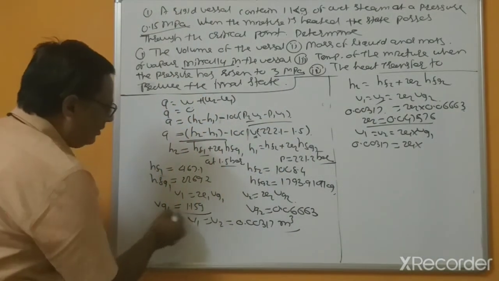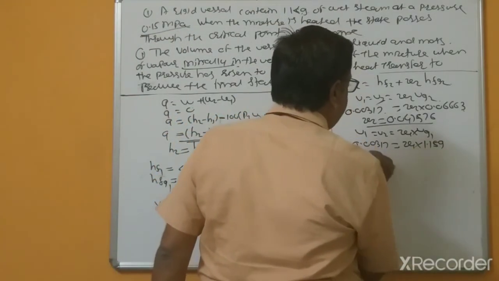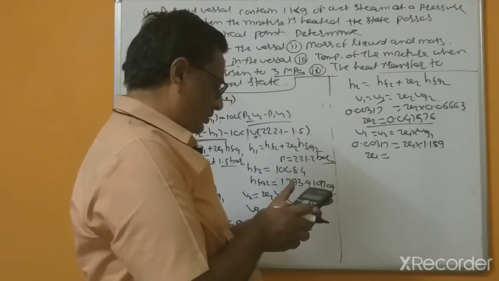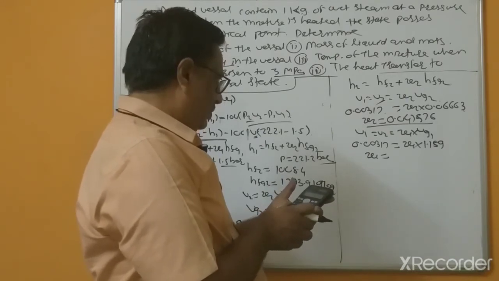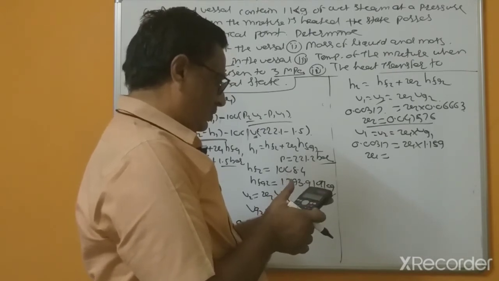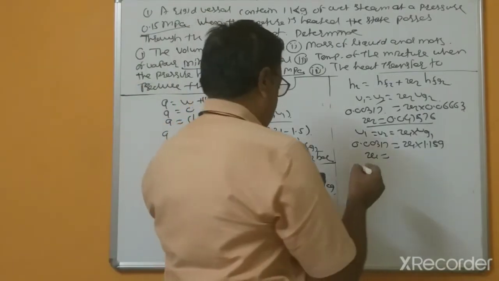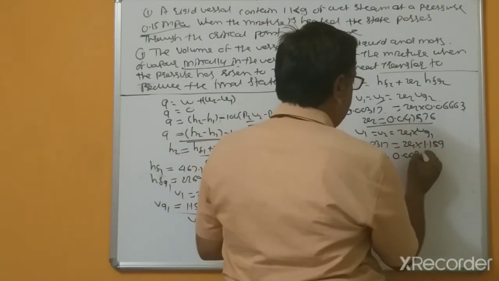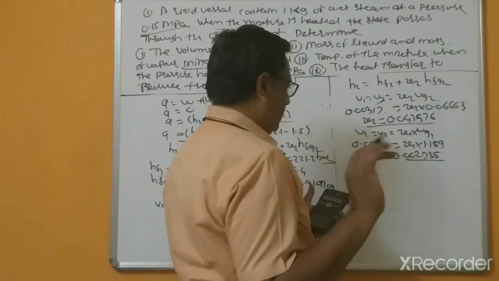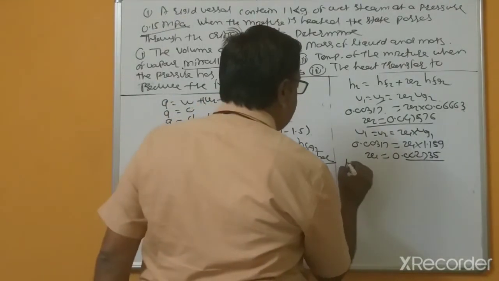Now this is 1.159, x1 equal to, you will get very small, 0.00317 divided by 1.159, 0.002735. Right. x1 equal to. Now you can calculate H2 minus H1.